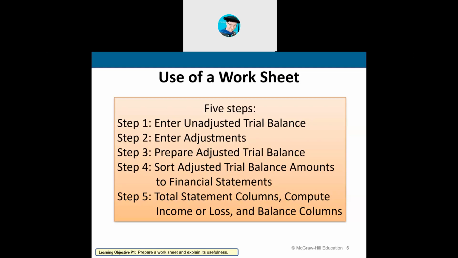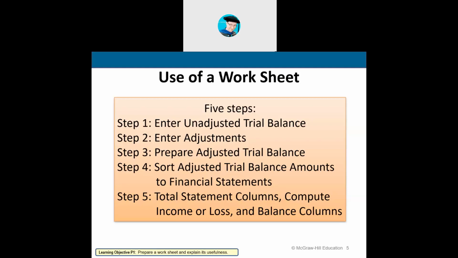The adjusted trial balance, as you recall, comes from the balances of our accounts after we have made the adjusting entries. And I look at the adjusted trial balance as a starting point when I go into making my financial statements.